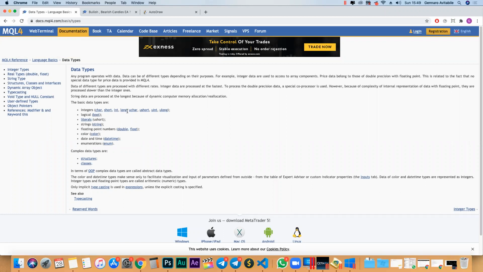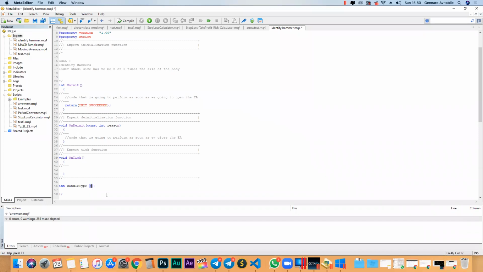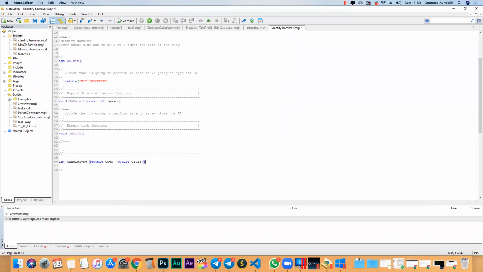Arrays is not in here, because most likely the array is just going to be a data structure like integer, and then afterwards it's going to be an array. That's my best guess. But anyway, what we're going to be passing is 1 candle at a time, and so I believe the best way to go is just to pass a float number, which is going to be a double, and this is going to be the open. Right, double open and double close. That should be enough for us to understand the candle.